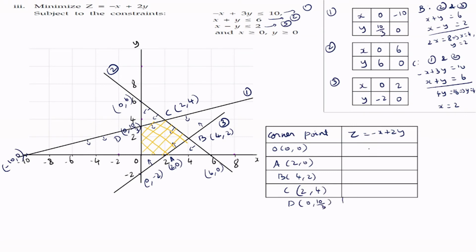Now let us find the value of z. When we substitute x as 0, y as 0, we get z as 0. Then for A (2, 0), when we substitute x as 2 and y as 0, we get z as minus 2.